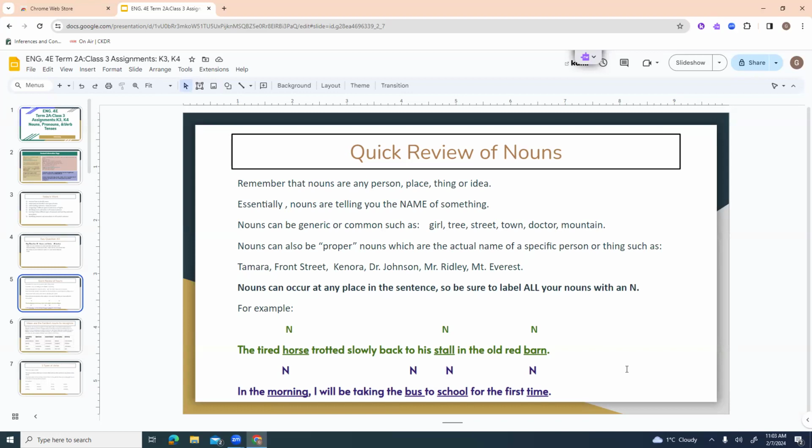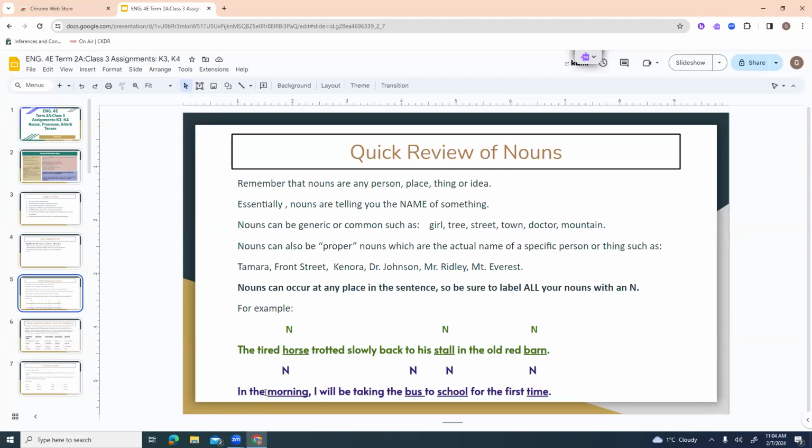In the morning, I will be taking the bus to school for the first time. Now, there's 2 words in here that I didn't initially think of as nouns, which would be morning and time. One hint that it's a noun is the word the in front.